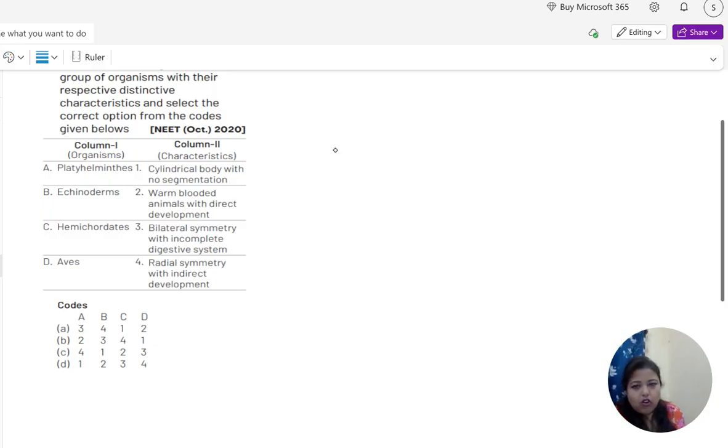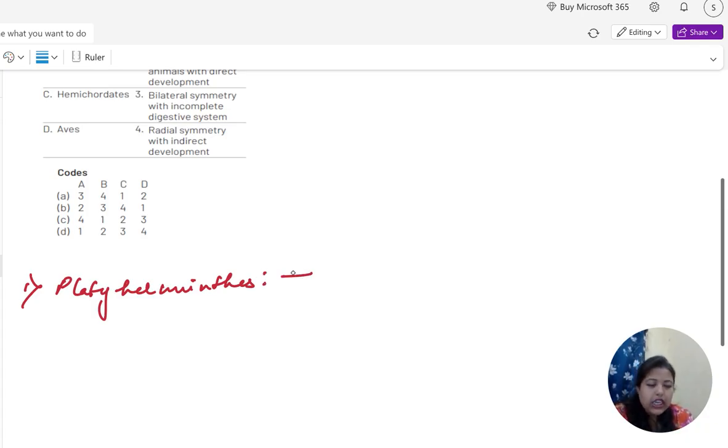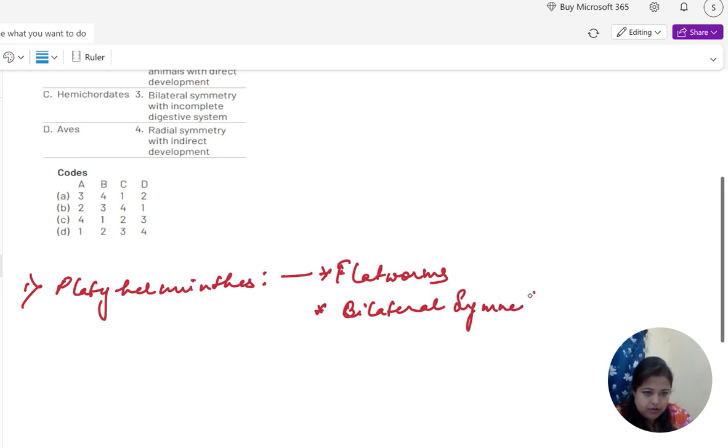Talking about platyhelminthes, the key feature is that they are flatworms, with bilateral symmetry and an incomplete digestive system because they have no anus.